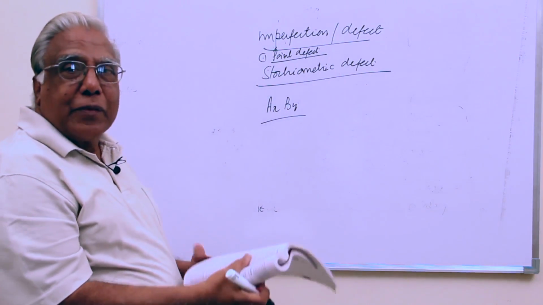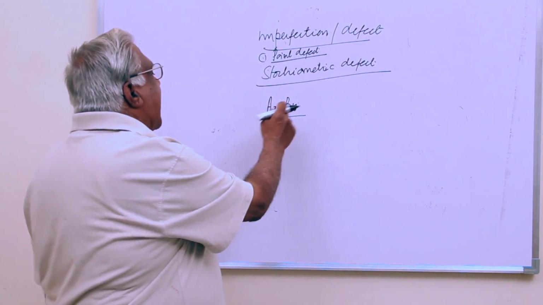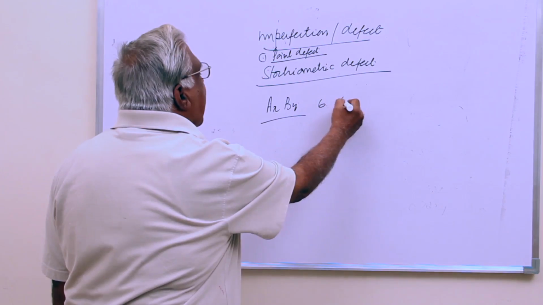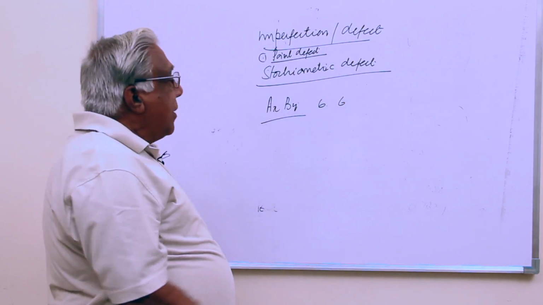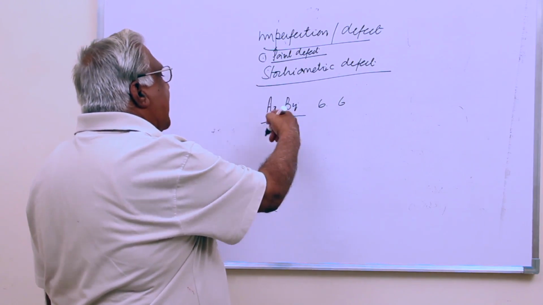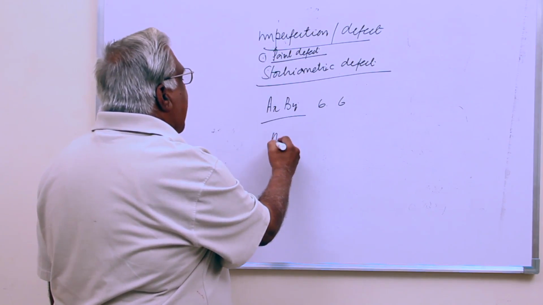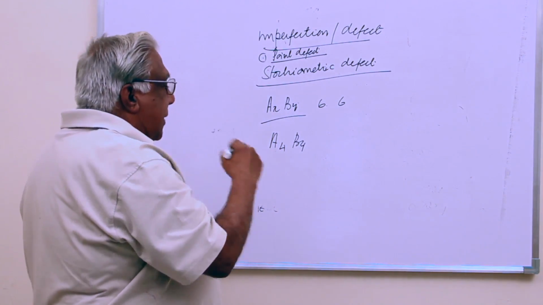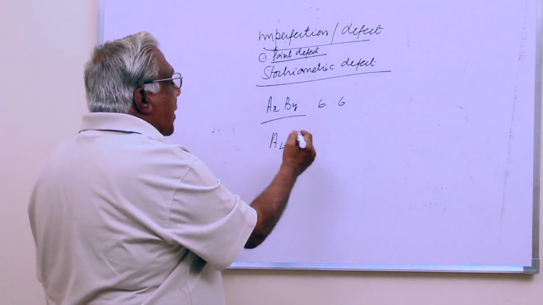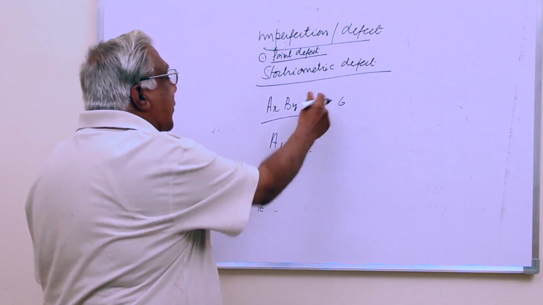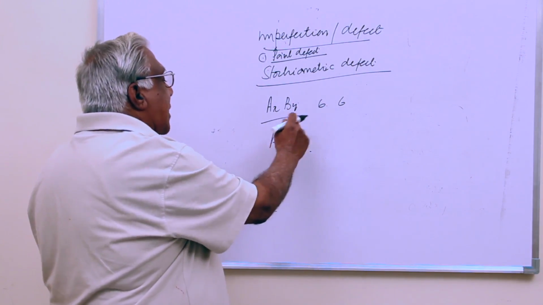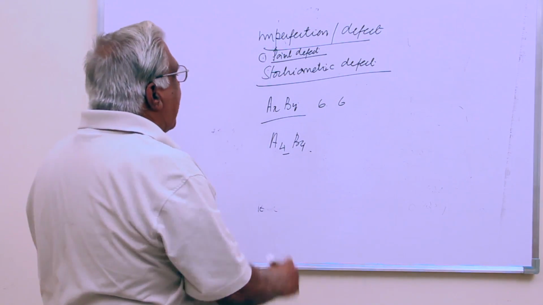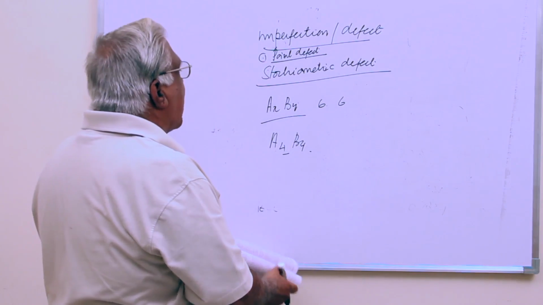So if there are going to be, let us say, 6 atoms of A and 6 atoms of B, and there is a defect, then the actual number of atoms present is 4 of A and 4 of B. The ratio remains the same, but in the original crystal 2 atoms of A and 2 atoms of B are missing. This type of defect we are going to call a stoichiometric defect.